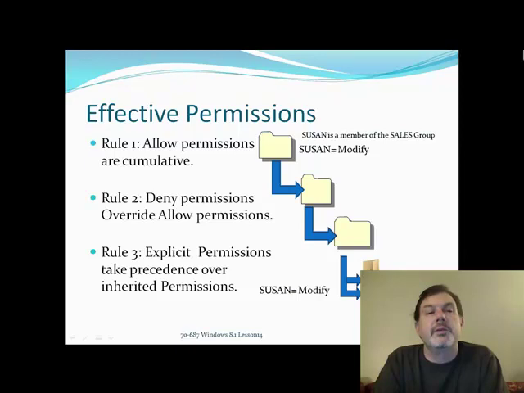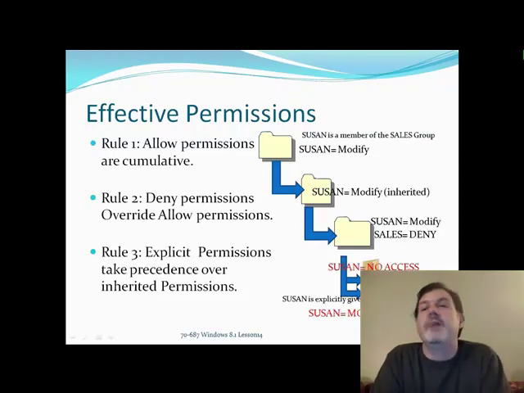So, in this particular instance, if Susan is a member of the sales group and she has modify access in the parent folder, by default she would have modify access to the subfolders and files beneath it. However, if I say the sales group, of which Susan is a member, has denied privileges for a particular subfolder, then Susan will no longer have access to that set of files in that subfolder.